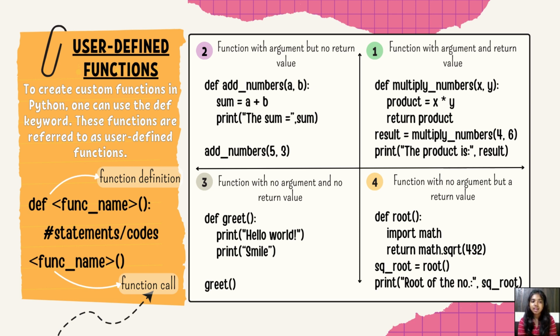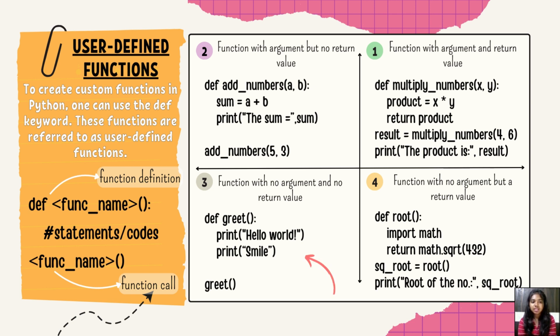Under the second category, only the arguments are passed into the function and no return statement is used. Here, a takes the value of 5 and b takes the value of 3. This function will add a and b and their sum is directly printed without using any return statement.